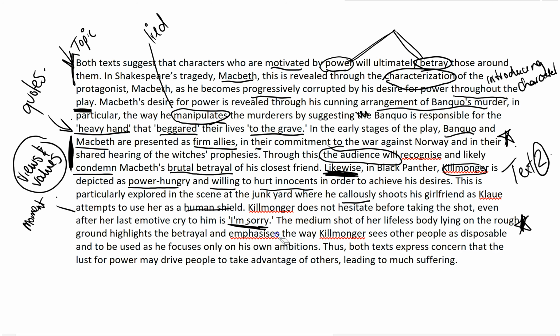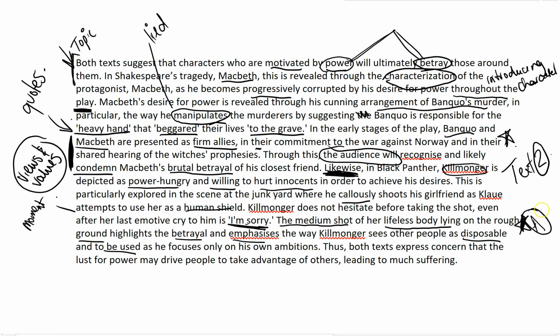So here we've got a sentence. So the medium shot of her lifeless body lying on the rough ground highlights the betrayal and emphasizes the way Killmonger sees other people as disposable and to be used, as he focuses only on his own ambitions. Okay, so we have an analysis.